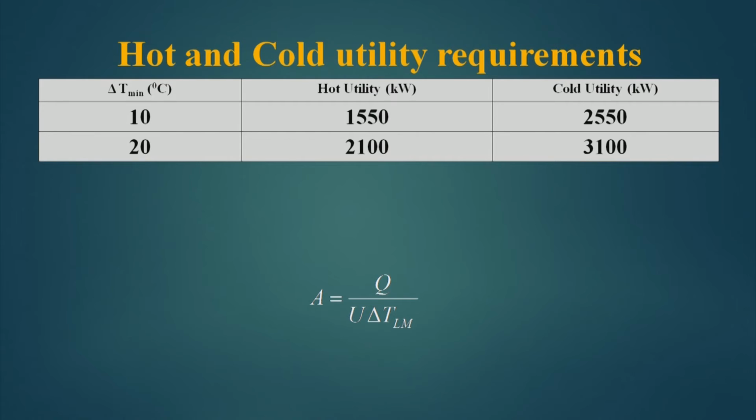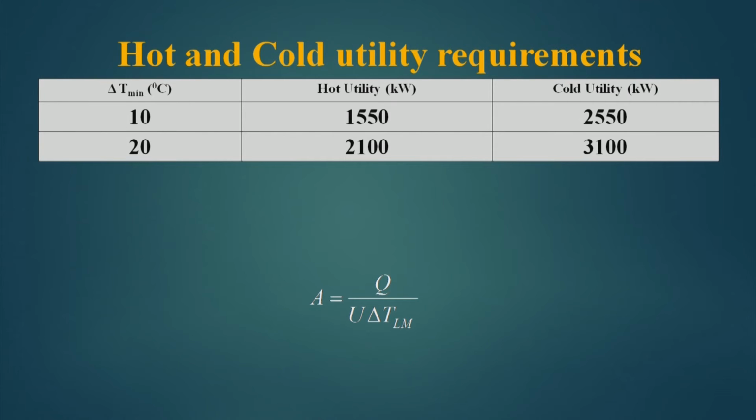Now, if we compare the delta T minimum values and the corresponding effect on the hot utility demand and the cold utility demand, we clearly see that when delta T minimum is 10 degree centigrade, the hot utility demand is 1550, but when it is 20 degree centigrade, this is 2100 kilowatt.